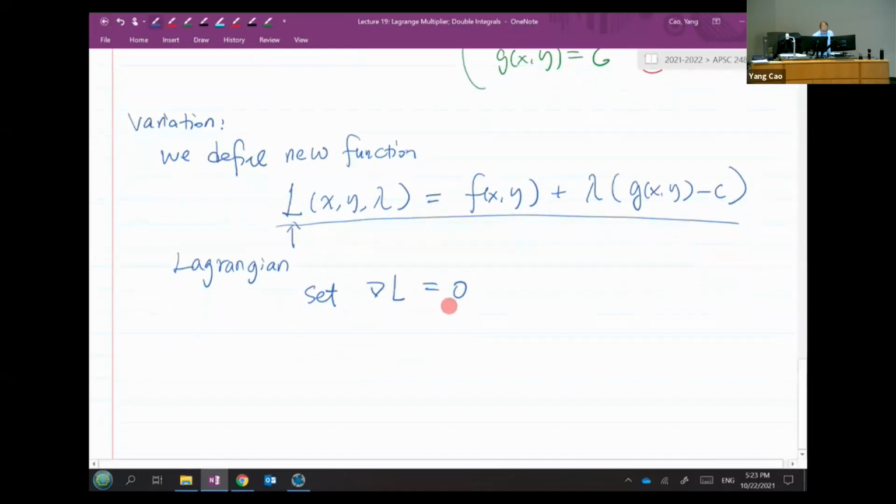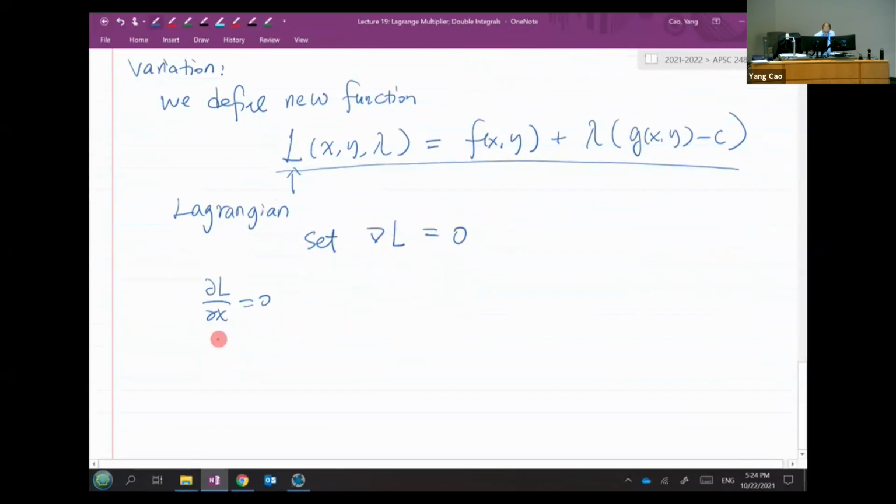By doing this, then what do we get? We basically have partial L over partial X equal to 0. We have partial L over partial Y equal to 0, partial L over partial lambda equal to 0. Those are the components of the gradient vector. So then what does partial L over partial X give us?